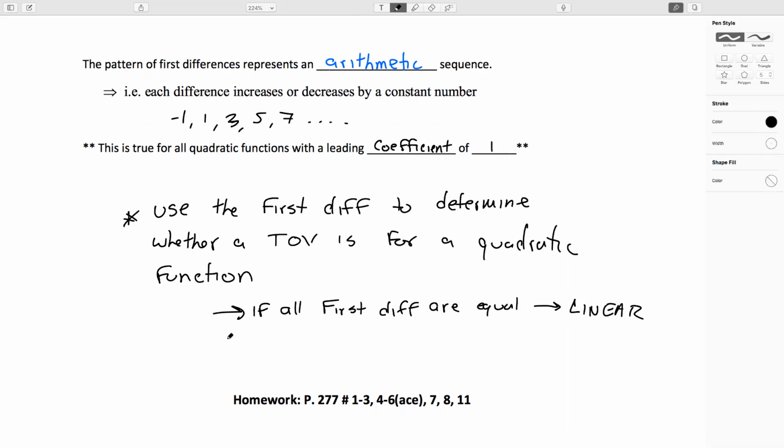If the first differences increase or decrease by a constant, that tells me that it's a quadratic. So it's just a tool you can use to avoid some steps. You don't have to actually graph the function to tell whether it's quadratic.